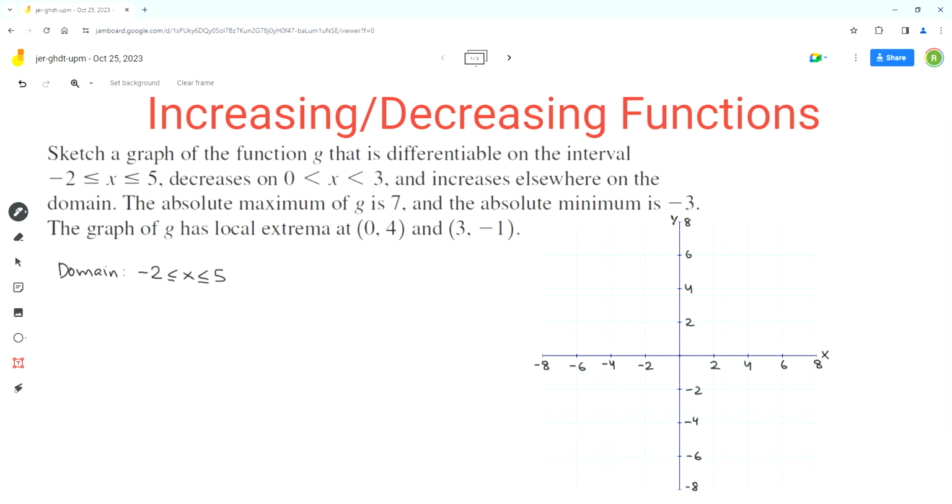Now next we are given the interval on which this function is decreasing, and that is 0 to 3. So we can use this given decreasing interval and domain to find the intervals on which the function is increasing. As per the problem, the function is increasing elsewhere on the domain.